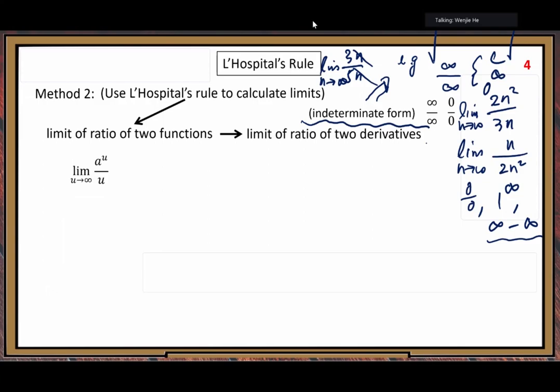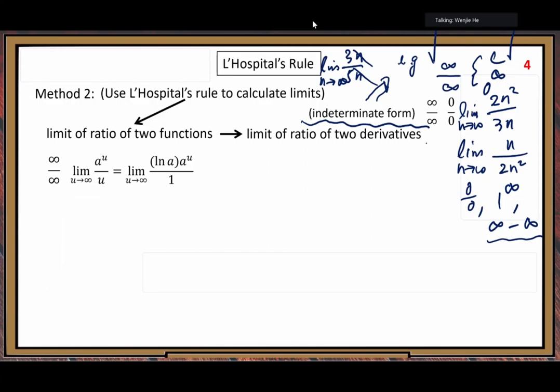Yes, so we can apply L'Hopital's rule. Equals the limit. Let's look at the derivative of the exponential function. The formula is the natural log of base a, then multiply the original exponential function.